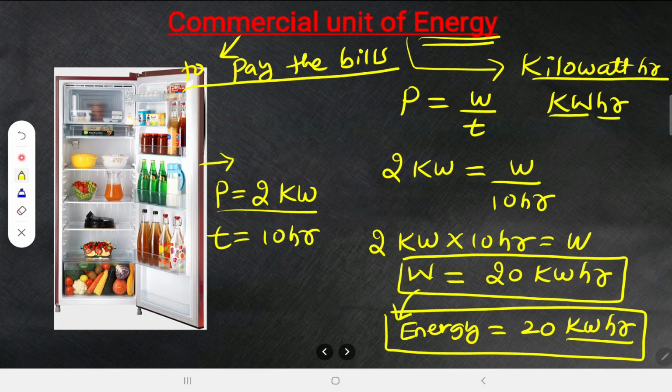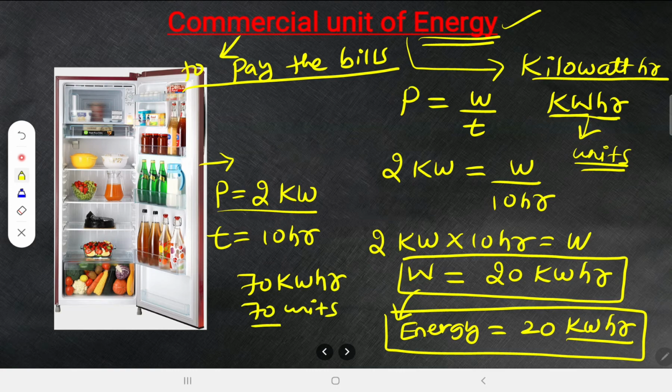If somebody asks you what the commercial unit of energy is, you have to say it is kilowatt hour. And kilowatt hour is also called units. In your electricity bill, they say you are using 70 units, 80 units. If somebody says 70 kilowatt hour, it is nothing but 70 units. You can use the word units also.